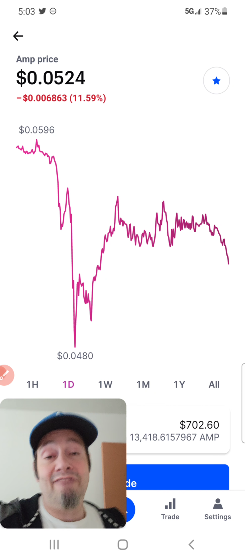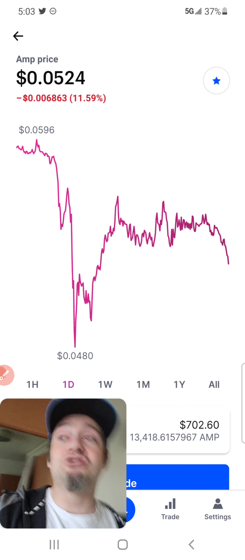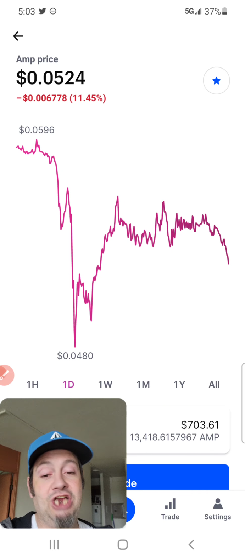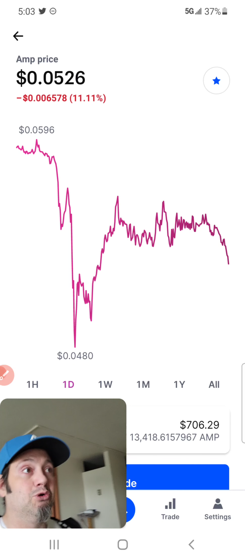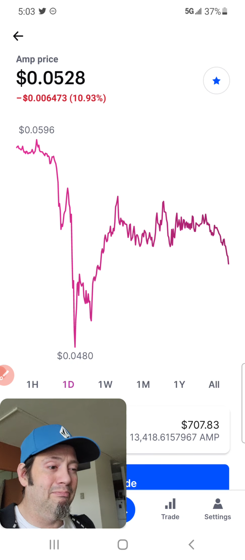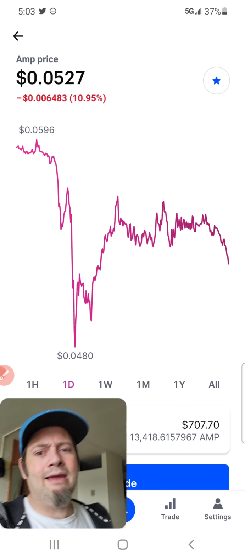But I looked everywhere, and I couldn't find a reason for this, except I was looking on Reddit, and it said that some person was exchanging coins, Ethereum to AMP or AMP to Ethereum or whatever, and it was a lot of money, and it ended up buying and then selling AMP or something, or selling a bunch of his AMP for Ethereum.